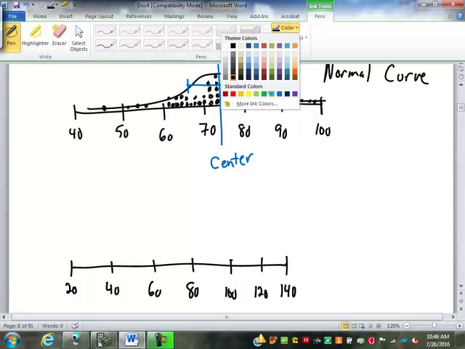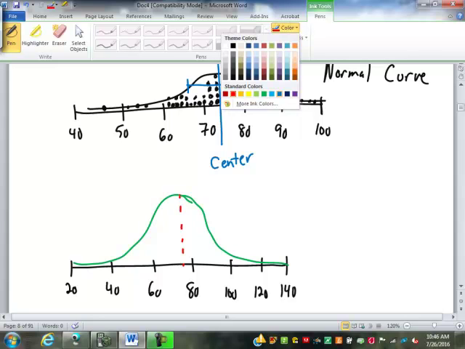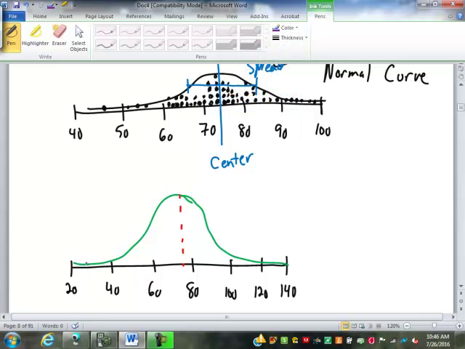And let's say that I graph, or I put my curve, I get a curve something like that. Well, the center of this curve is somewhere around 75, right? The width of it's a little tougher to discuss, but if I compare it to others, how would I say that this curve is different from that one?